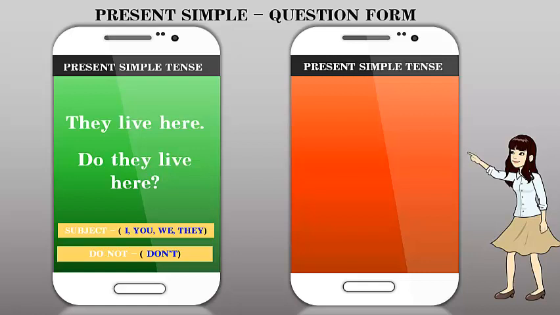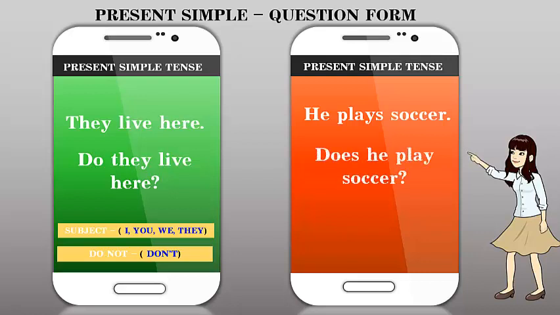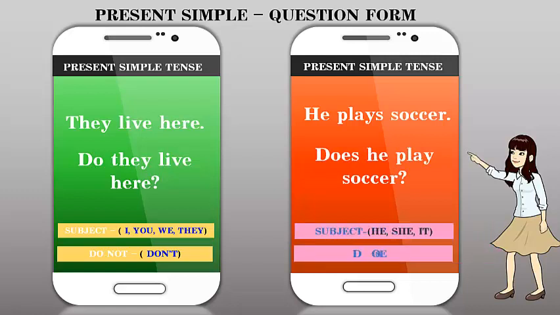How about this one? He plays soccer. In this statement, the subject is he, and that's why, as you should know by now, I have an S at the end of play. However, to turn this into a question, I added does at the beginning. Does he play soccer? What you'll notice here is that I no longer have the S at the end of play.